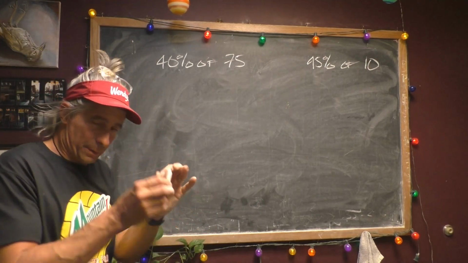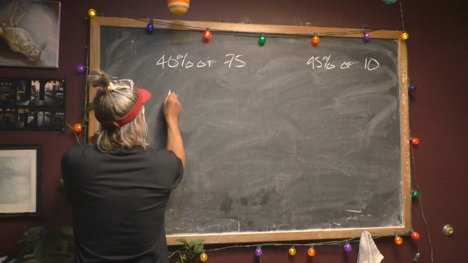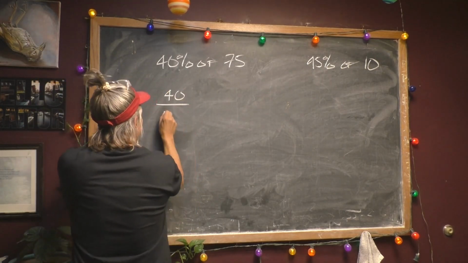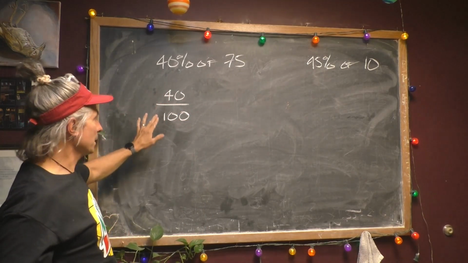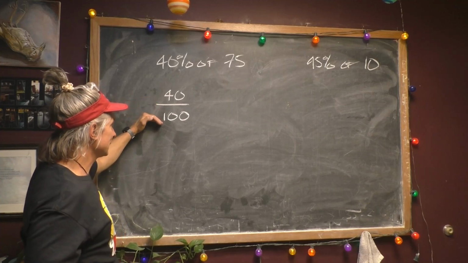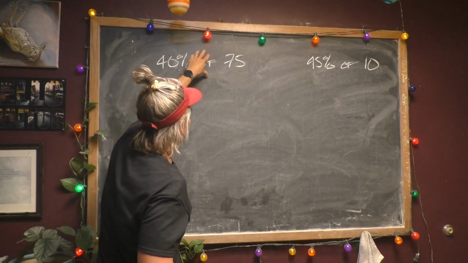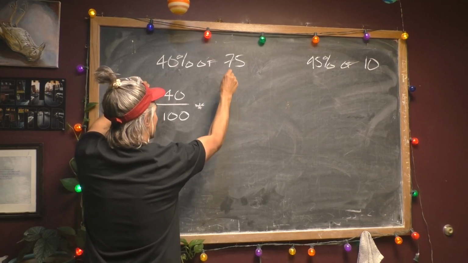40%, and you remember what 40% means? It means 40 over 100. That's literally what it means. And when you're finding the percent of a number, you're going to multiply that by that number.